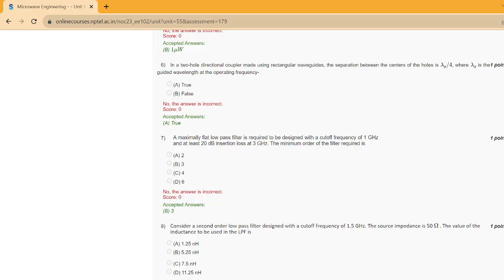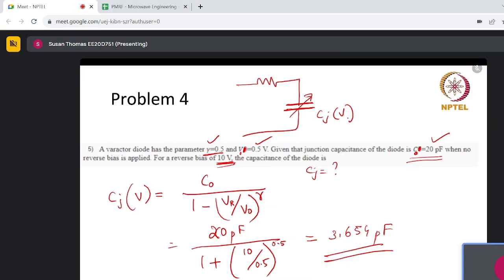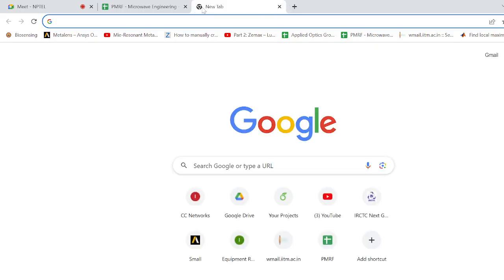The order is second order, and it's a low pass filter with a cutoff frequency of 1.5 gigahertz. Source impedance is also given. Find the value of the inductance to be used in the low pass filter. That is a similar question which I have discussed in the session also.